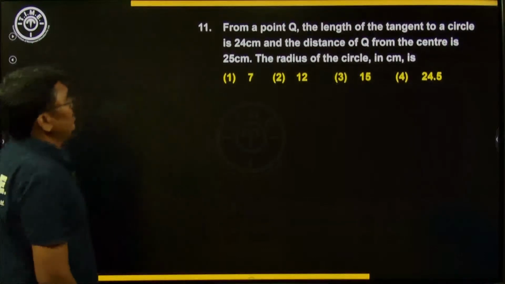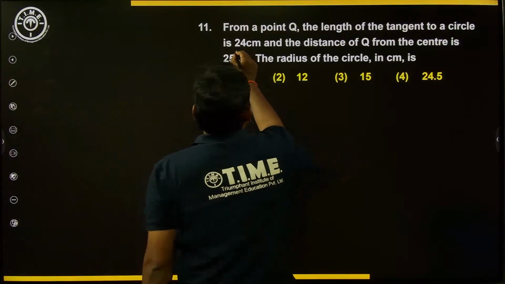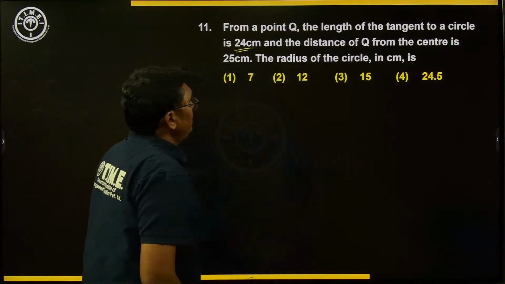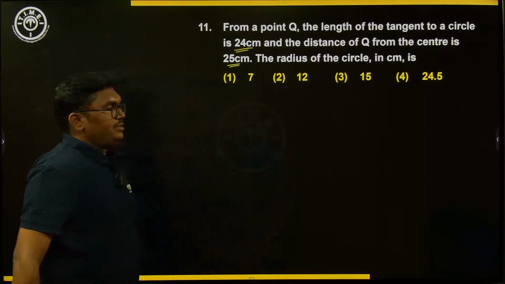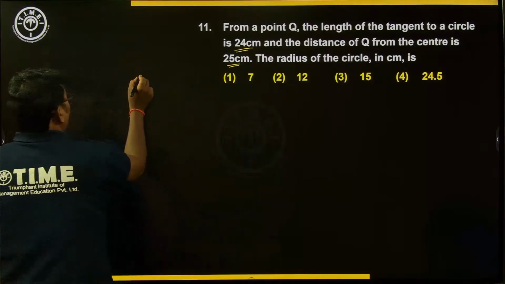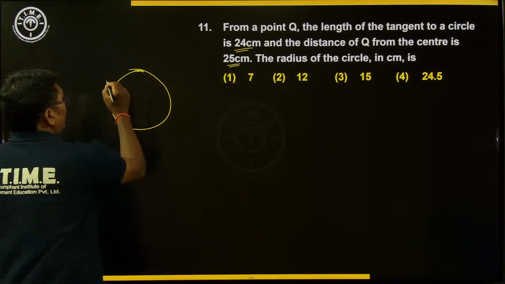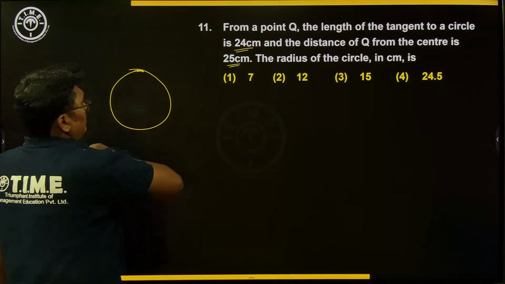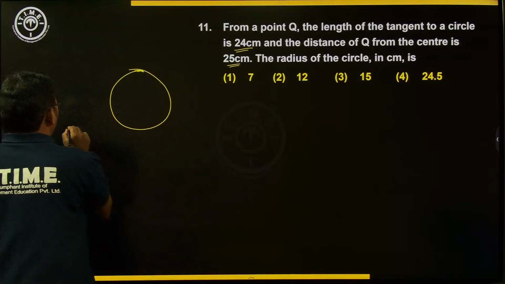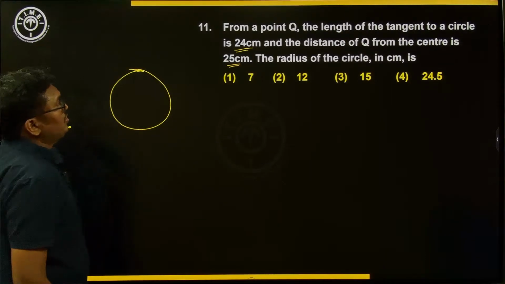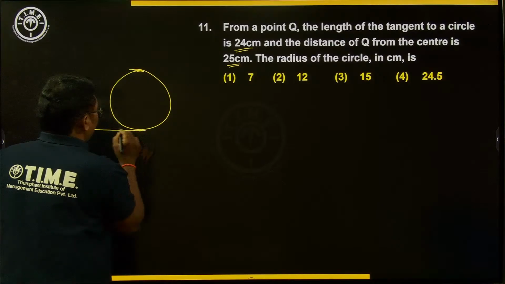Question number 11. From point Q, the length of the tangent to a circle is 24 centimeters and the distance of Q from the center is 25 centimeters. Then find the radius of the circle. So this is a circle, right? From a point Q, this is the length of the tangent to the circle.